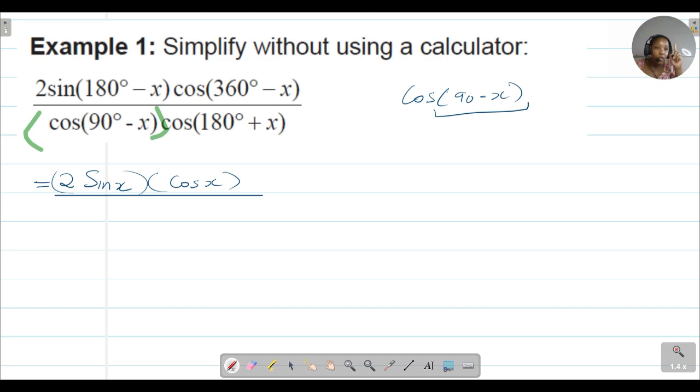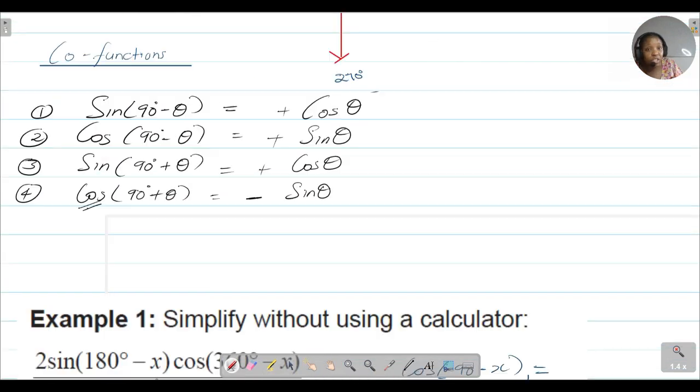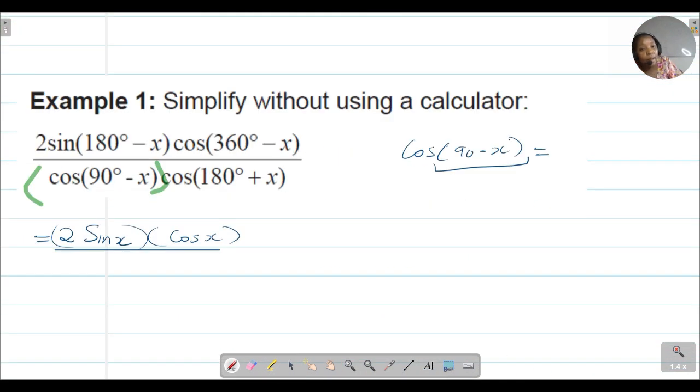I'm in the first quadrant, and in the first quadrant, all of your functions are positive. So it's just going to be positive. And then what's the cofunction of cos? It's sine x. So to reduce that, we'll just write it as sine of x.